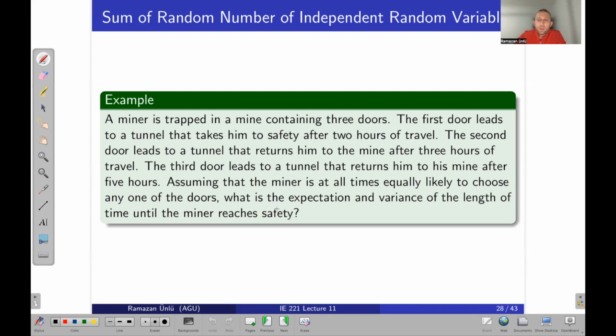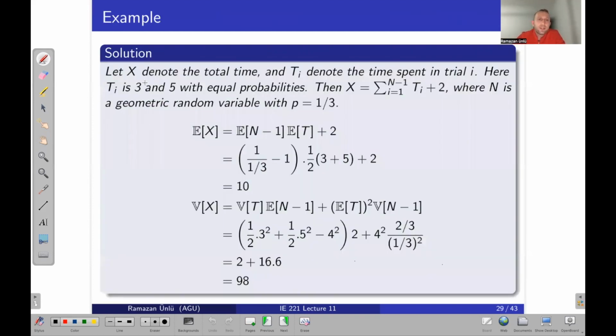We have already solved this question, but now we will look at it from a different angle. Now let X denote the total time, and Ti denote the time spent in trial i. Here, Ti is 3 or 5 with equal probabilities. Then the total time X, I can define as the sum of Ti from 1 to N minus 1, plus 2.